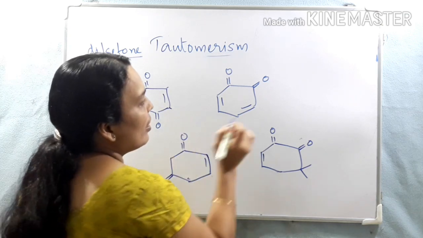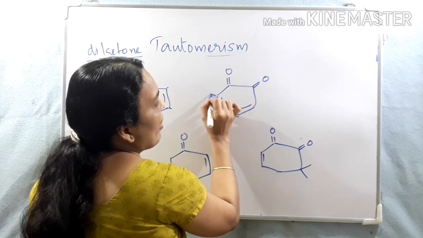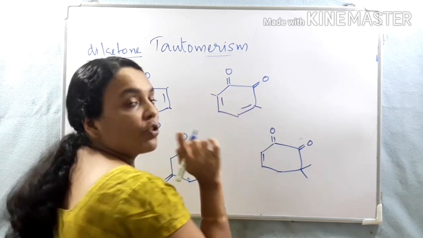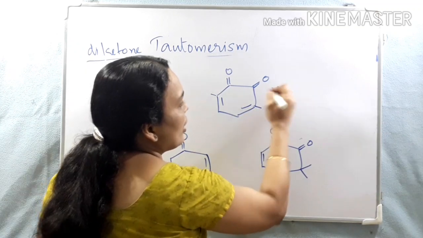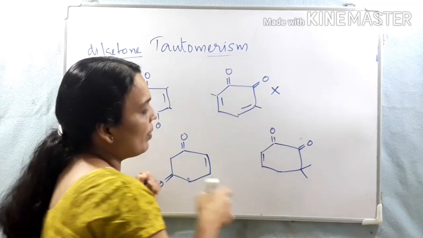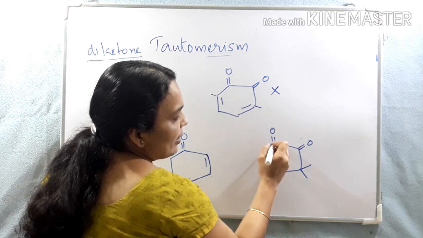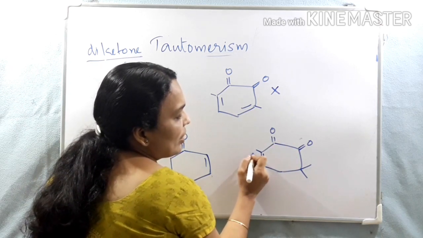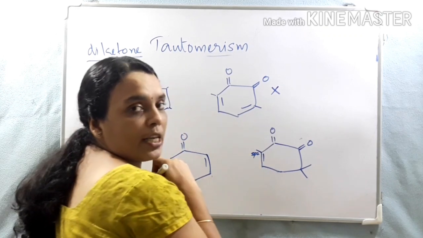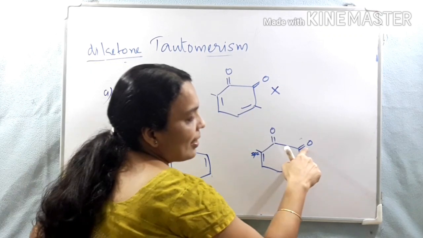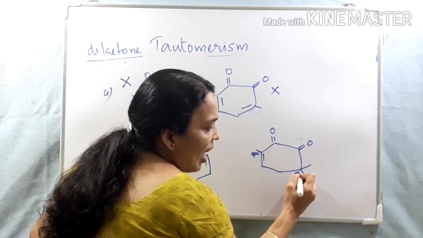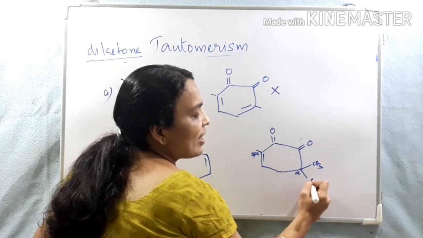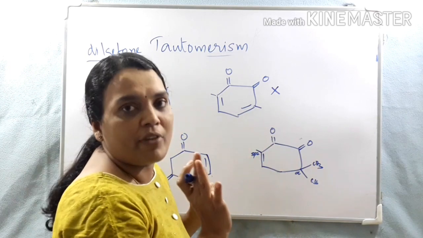And what about here? Here also keto form, here alpha carbon, and this is also alpha carbon, but the carbon is not sp3. So here also there is no chance for tautomerism. Come to this one, this is keto form, this is alpha carbon, but it is sp2 hybridized, not sp3. And this is keto form, this is alpha carbon, but the alpha carbon is directly attached with a CH3 group, so there is no alpha hydrogen.